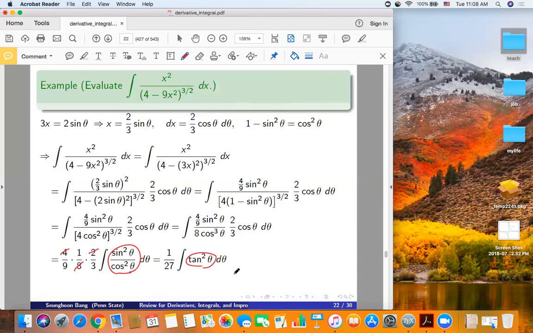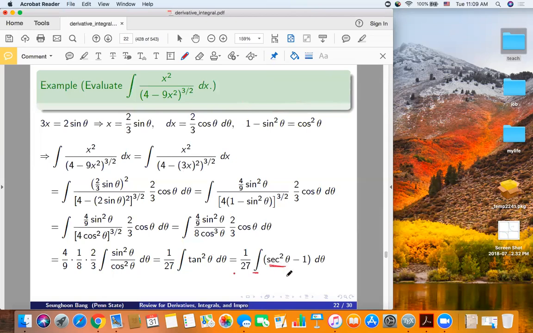How can you find the integral of tangent squared of theta? It is not easy, but you can change it using the identity: 1 over 27 integral of secant squared of theta minus 1. Next, what is the integral of secant squared?